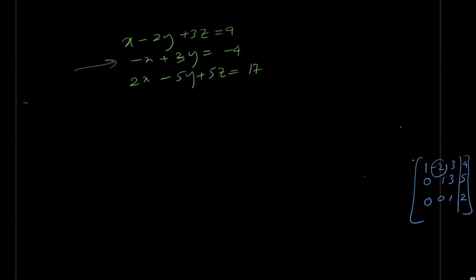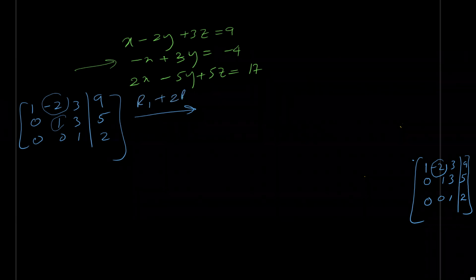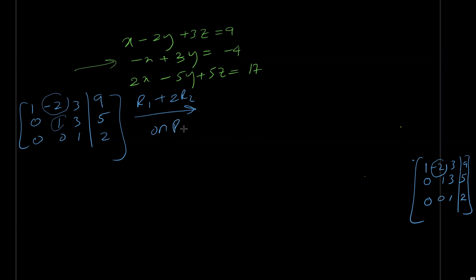Let me write this down here, then it's much clearer. 1, negative 2, 3, 9, 0, 1, 3, 5, 0, 0, 1, 2. Now I would like to make this disappear. So you can pause the video and think about the operation. Now I can use this one. So R1 plus 2 times R2 on R1.